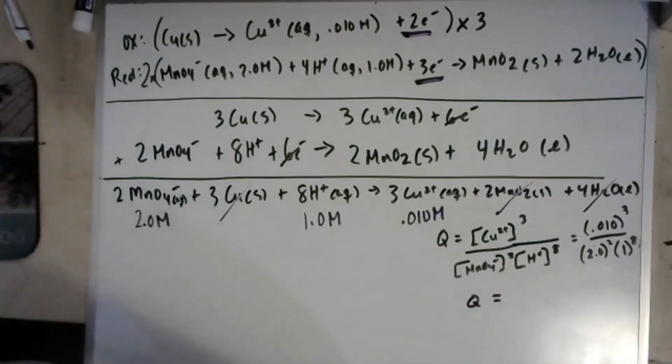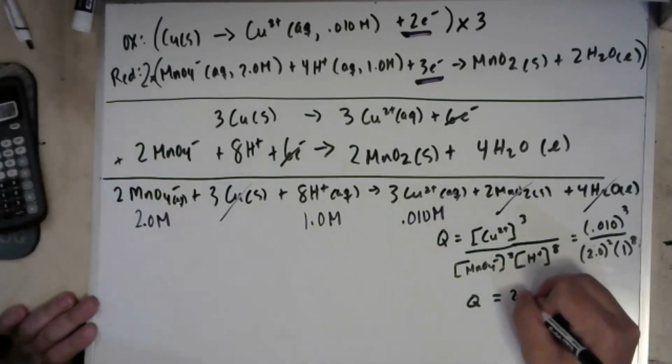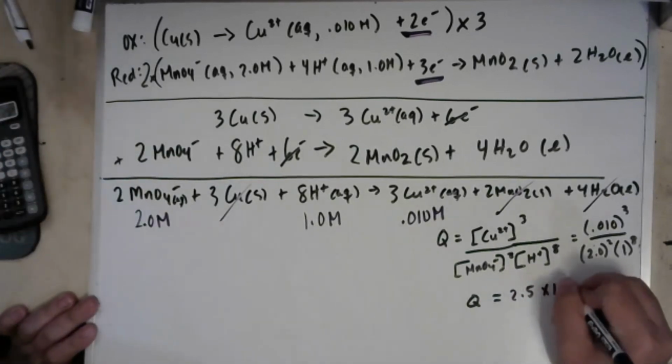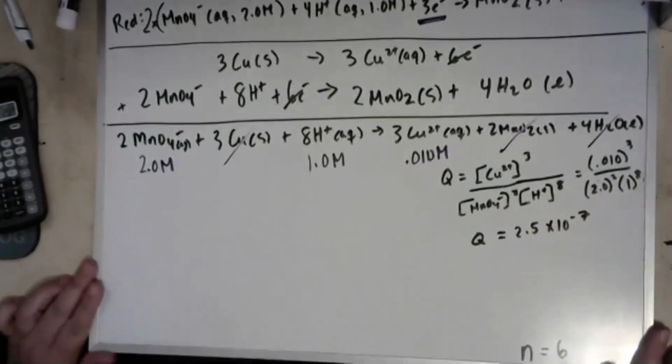Calculate that. So we get 2.5 times 10 to the negative 7.